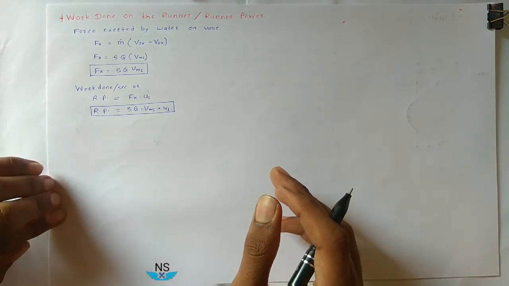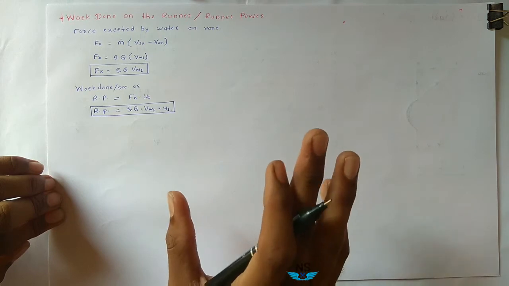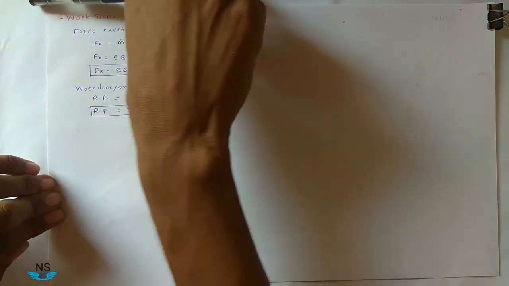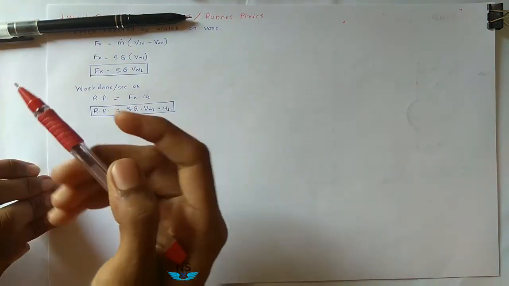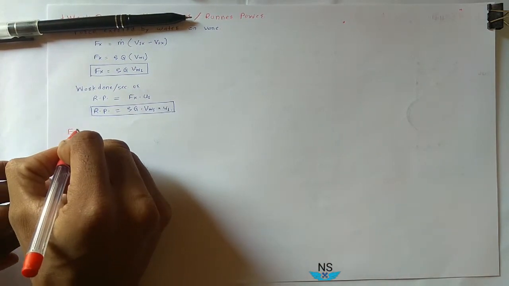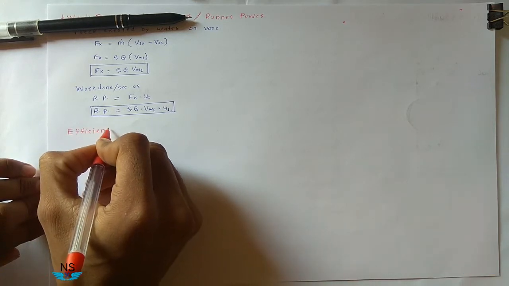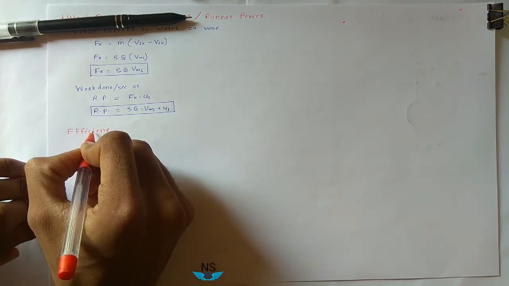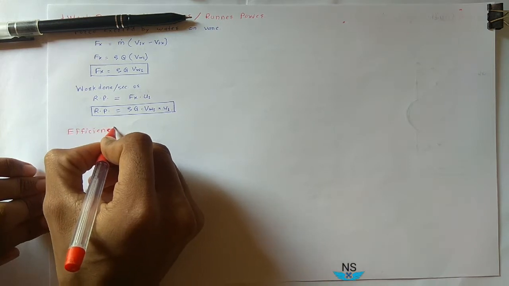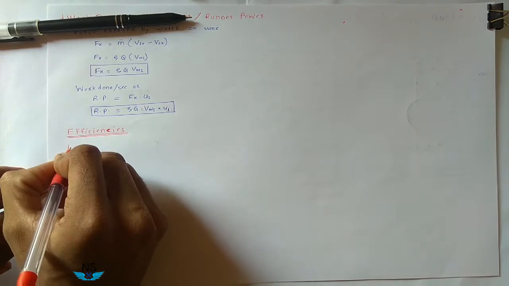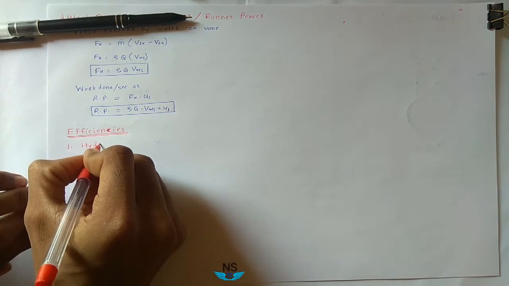Now we have to find the efficiencies of the modern Francis turbine. The next point is efficiencies. The first efficiency is hydraulic efficiency.